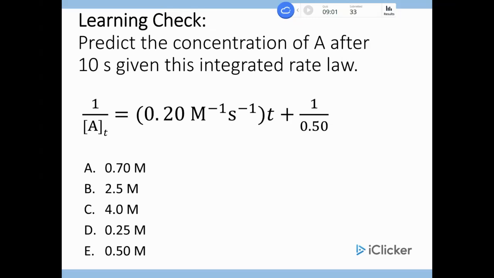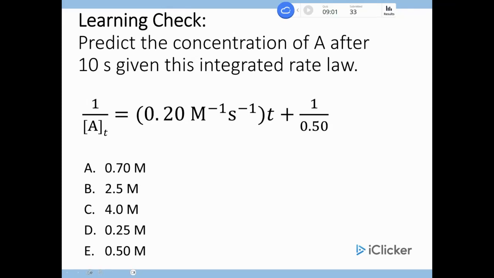Okay, so first equation here, we have the rate law for a second order reaction. You didn't need to know that for this question, but that's just practice for when you see this on Wednesday. So we're given values for k, the initial concentration, and time, and so for this question we're just plugging in information.